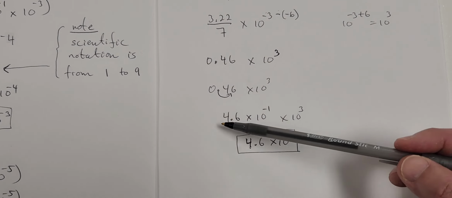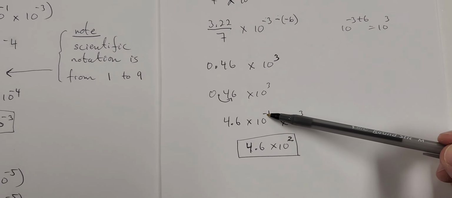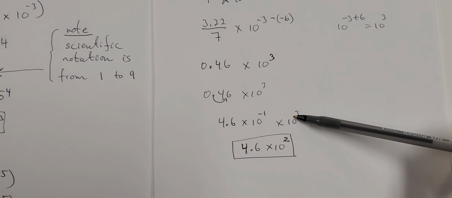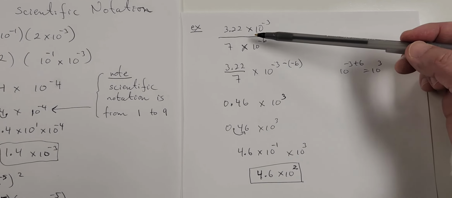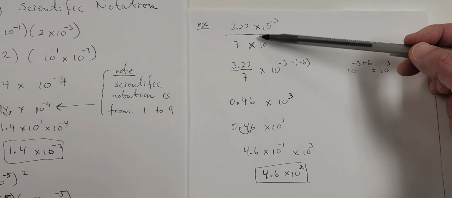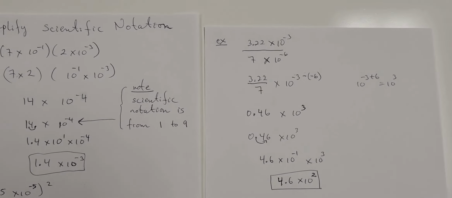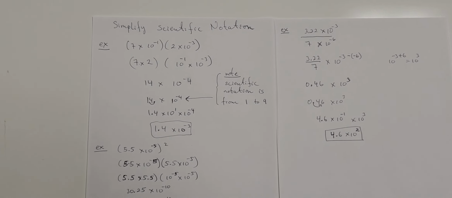And then 4.6, add the power, -1 plus 3 gives me +2. So this is the answer for dividing scientific notation for this example. Be very, very careful when simplifying scientific notation.